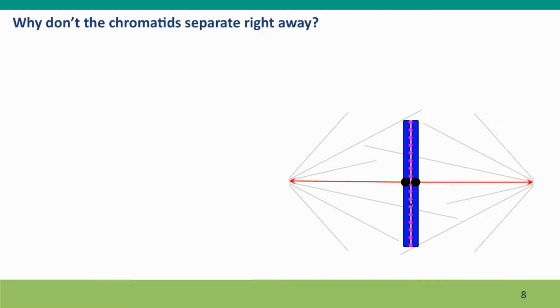But there's another question you might be asking, and that is, well, why don't the chromatids separate right away? If you watch those videos, you'll see that this tug of war goes on for quite a while. And it's only at the end, all of a sudden, all the chromatids come apart at once. Why don't they all separate as soon as the spindle fibers pull on them?